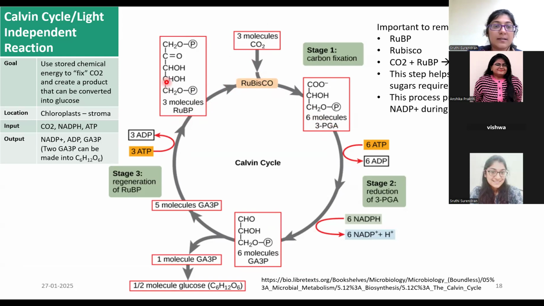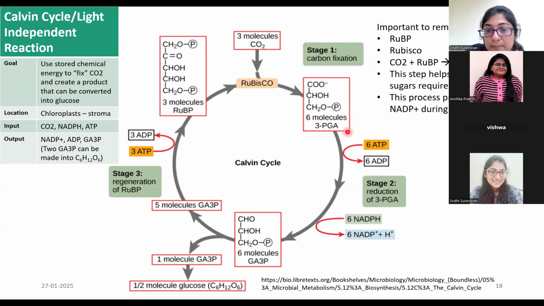Now, if you see, RuBP has 5 carbons, and there are 3 molecules of it. So 3 molecules of carbon dioxide will react with RuBP with the help of this very important enzyme called Rubisco and form 3-PGA. This stage is called carbon fixation or carboxylation, that is, combining of carbon dioxide with RuBP with the help of the enzyme Rubisco.